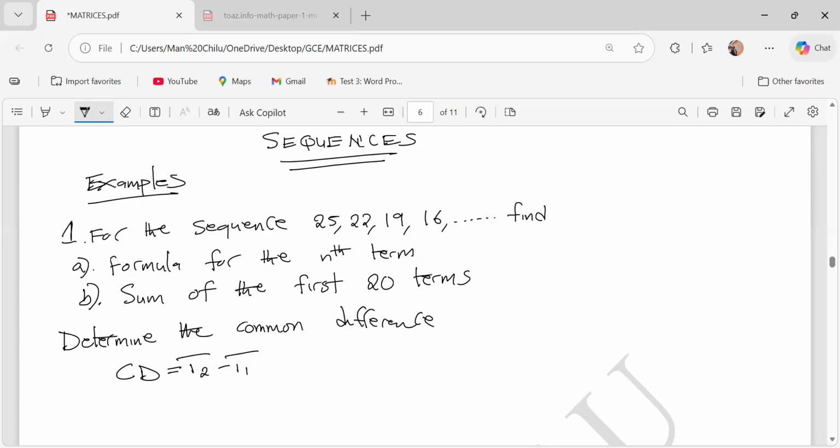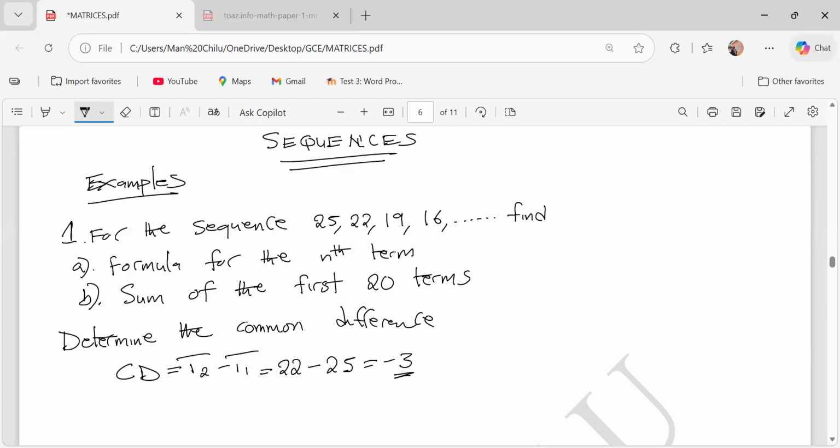So the second term subtract the first term. The second term is 22, and we are subtracting 25. So the common difference there is negative 3. This means that they are subtracting 3 to get the next number. So 25 subtract 3, you get 22. 22 subtract 3, you get 19. 19 subtract 3, you get 16.